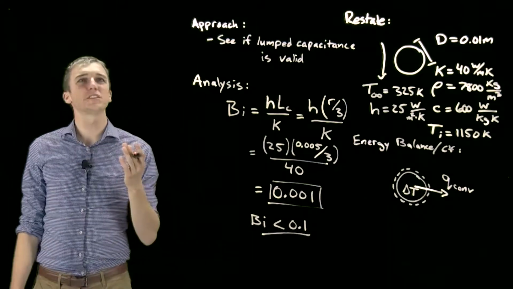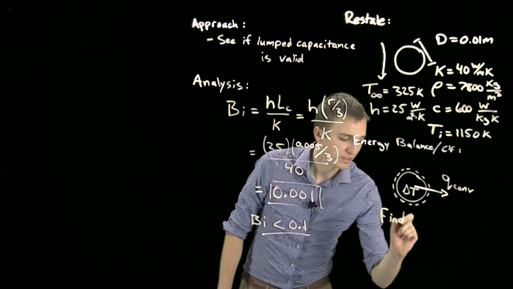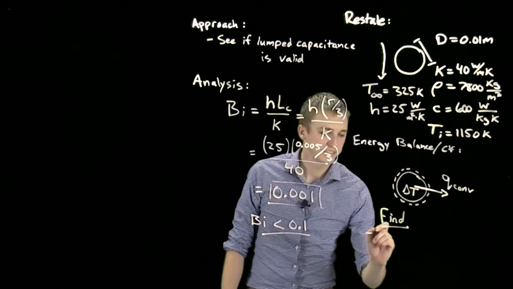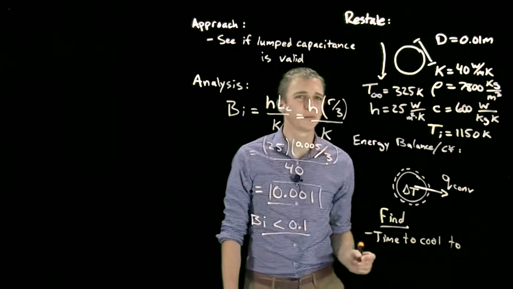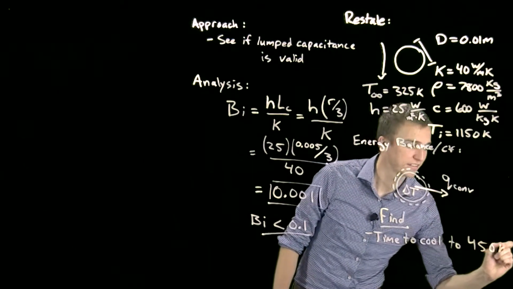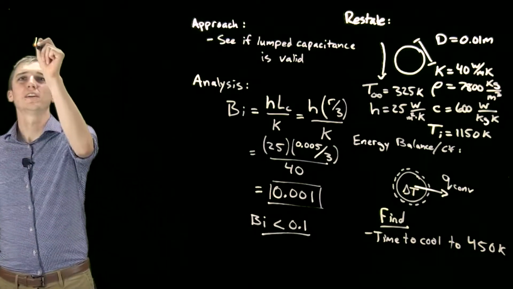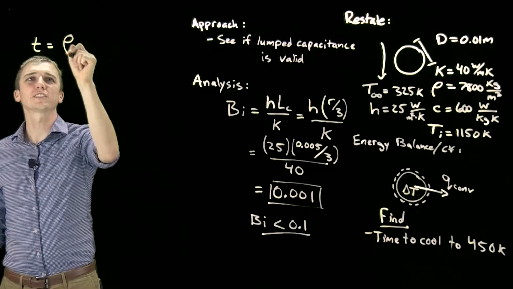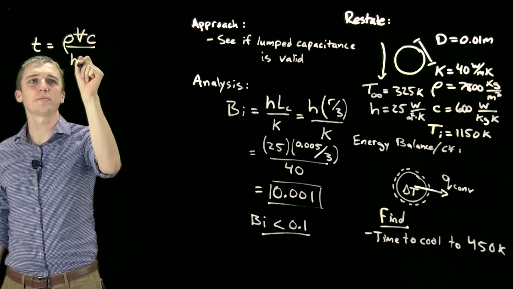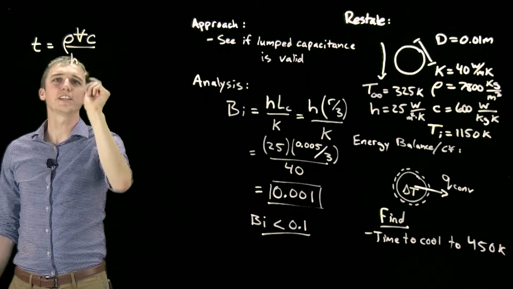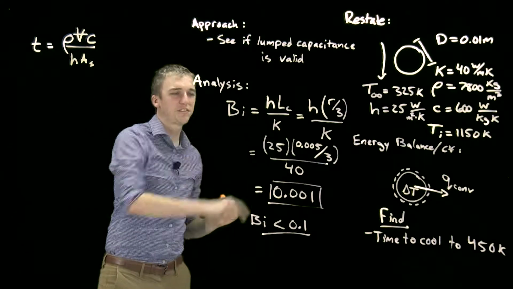So skipping straight to the final equation, we are looking for, I didn't even tell you what we're looking for. We're trying to find the time for the ball to cool to a temperature of 450 Kelvin. Okay, so we're looking for time as a function of temperature. We have that equation and it looks just like this. Density times volume times heat capacity divided by our convection heat transfer coefficient and multiplied by the surface area of our sphere.